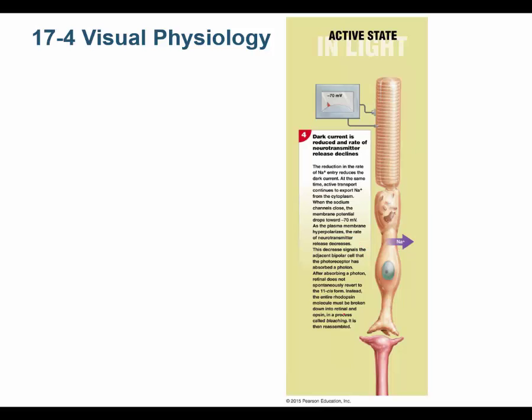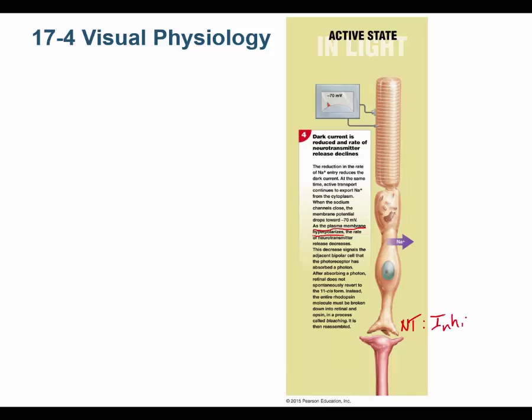I'm looking for where it says it in here. As the plasma membrane hyperpolarizes, it says it right there. Now look at that. As the plasma membrane hyperpolarizes, the rate of neurotransmitter release decreases. But that's a good thing, because when this thing was depolarizing in the dark, the neurotransmitter was inhibitory.